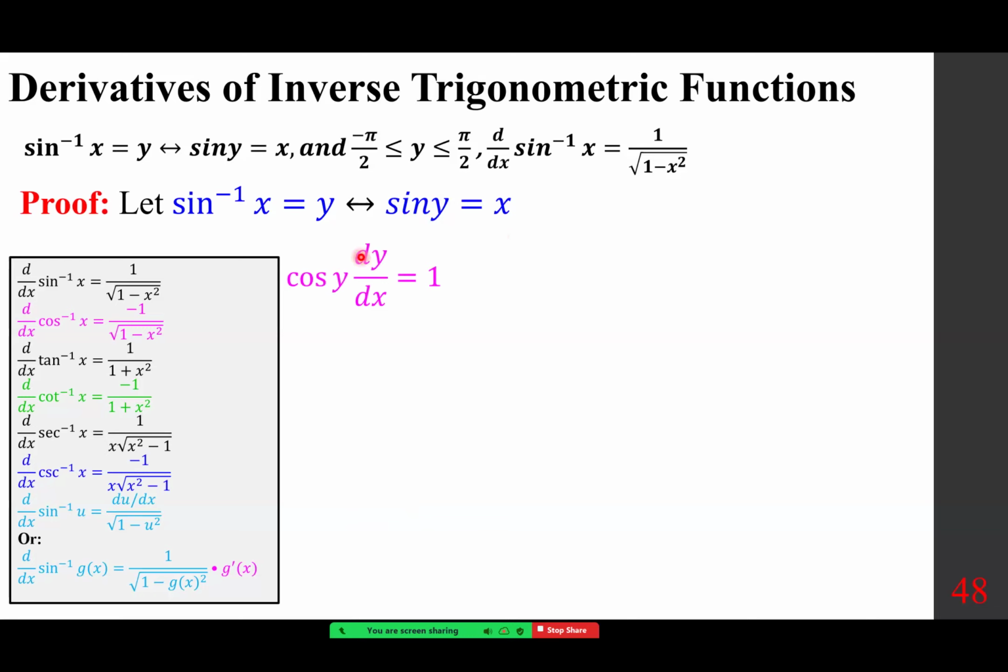Therefore, dy dx is 1 divided by cosine y. Because sine y is x, remember sine squared plus cosine squared is 1, then cosine must be the square root of 1 minus sine squared. And we replace the sine with x, so 1 minus x squared.